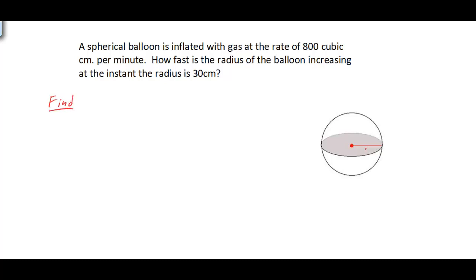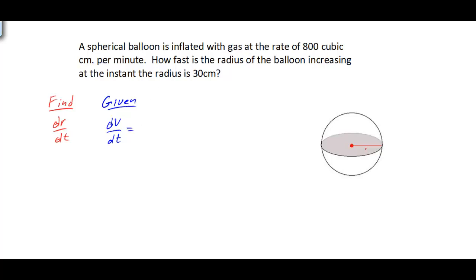Here we want to know how fast the radius is changing, so we're looking for dr/dt, and we are given dV/dt, which is the volume. It says the balloon is inflated with gas at a rate of 800 cubic centimeters.